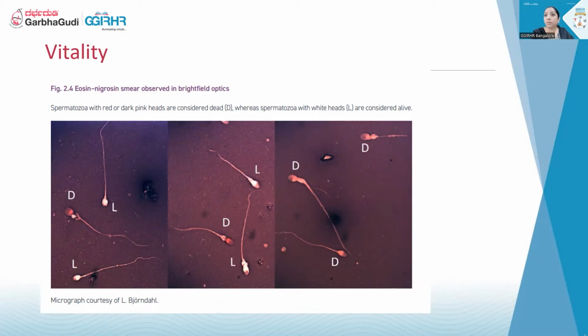And the live sperms, wherein the membrane integrity is good enough, the stain does not enter the cells and they will look white or very light pink. In the picture you can see the darkly stained or red ones marked as D are the dead ones, and the ones marked as L are the live ones.